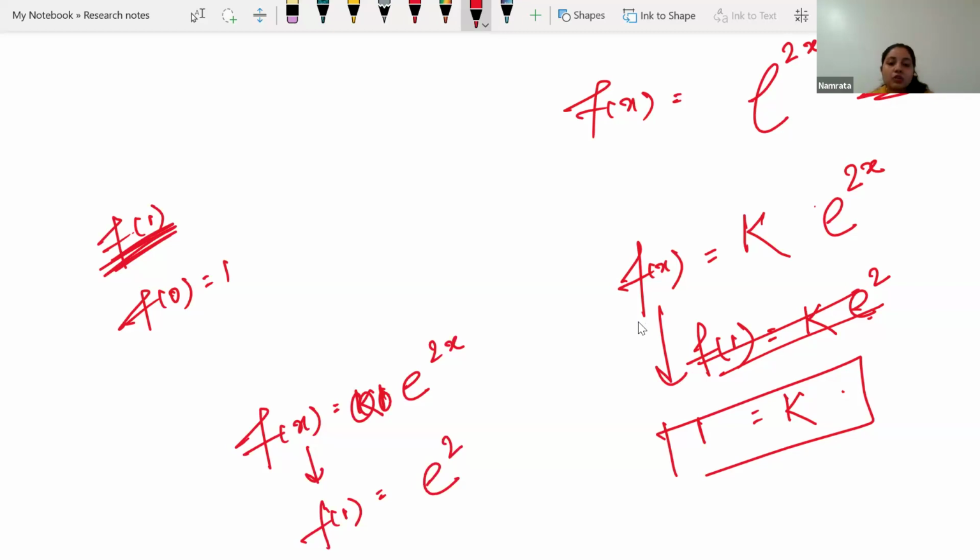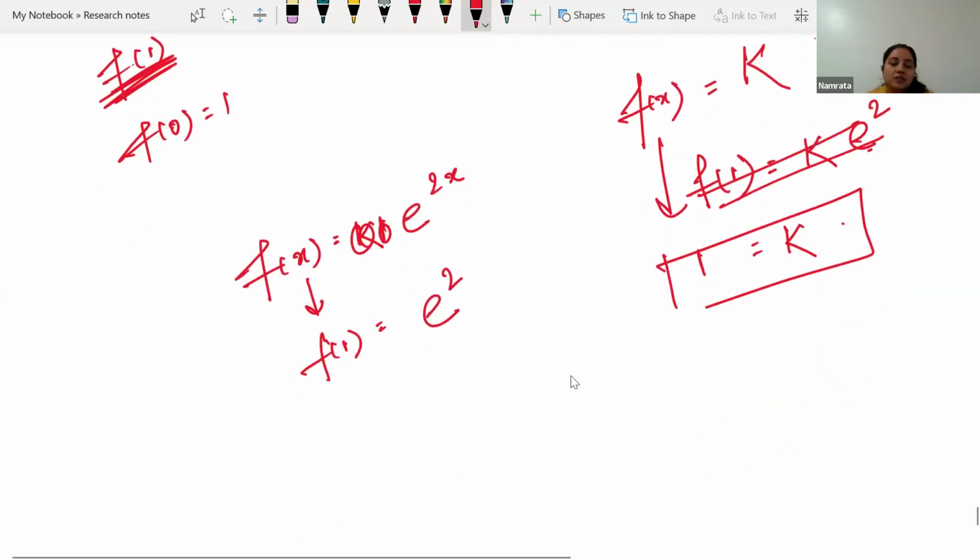Now the value of e is 2.73 something like that. If we do a square of that, we can see the result will be lying in between, because it's a decimal number.